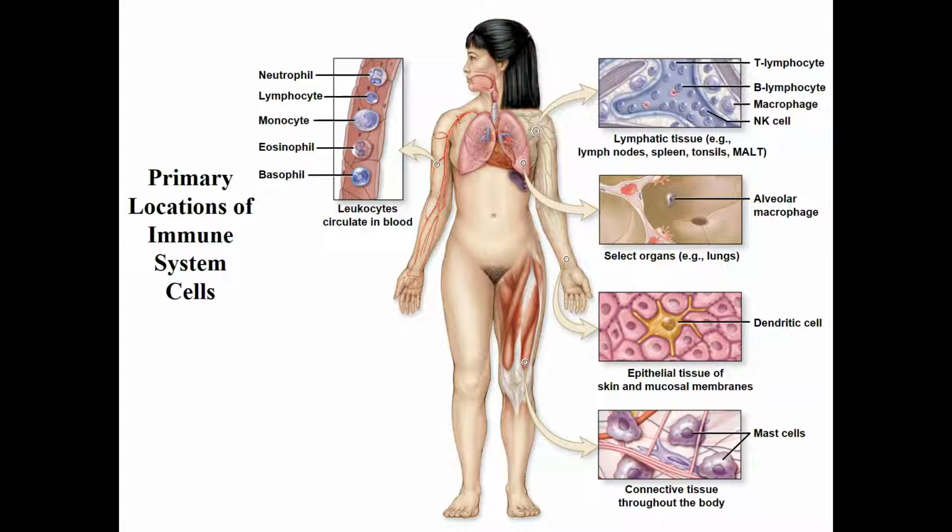If they find something that shouldn't be there, a bacterium, they'll take it in, break it down, and present those pieces to other immune cells. And the mast cells are scattered throughout connective tissues in the body, especially those in mucosal membranes. They're going to sound the alarm by releasing those pro-inflammatory chemicals that I mentioned earlier.